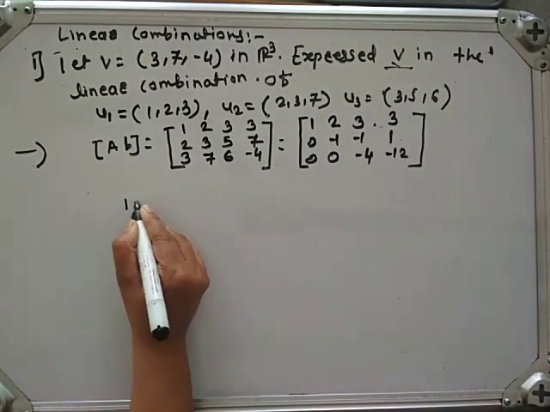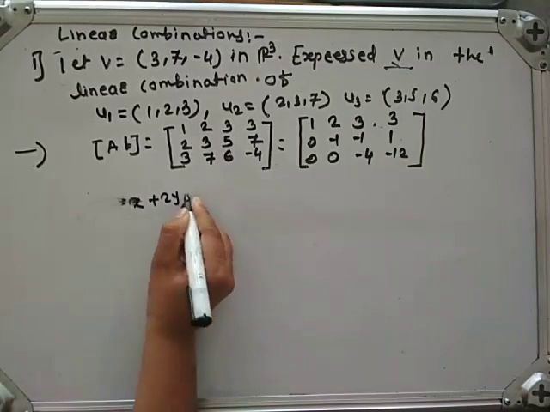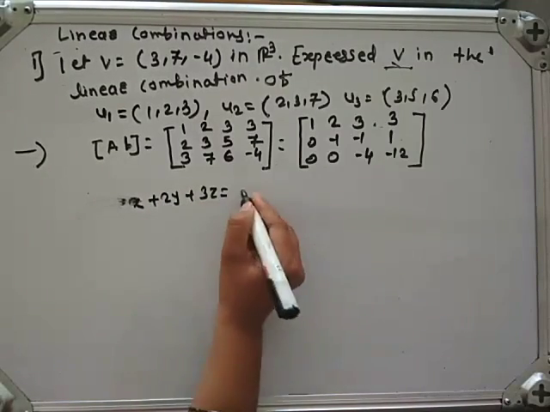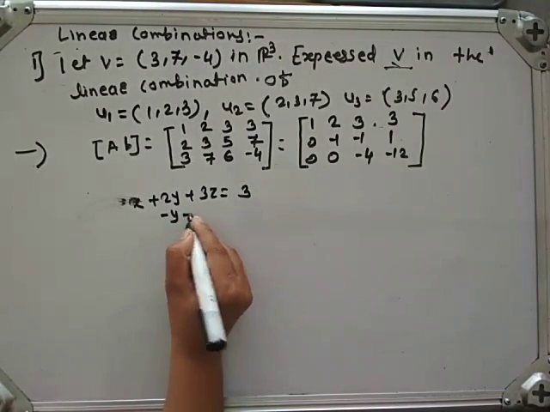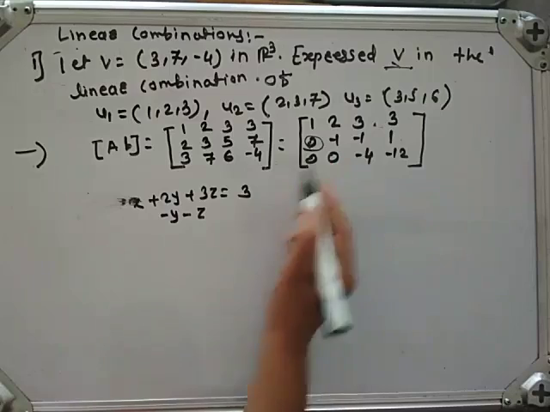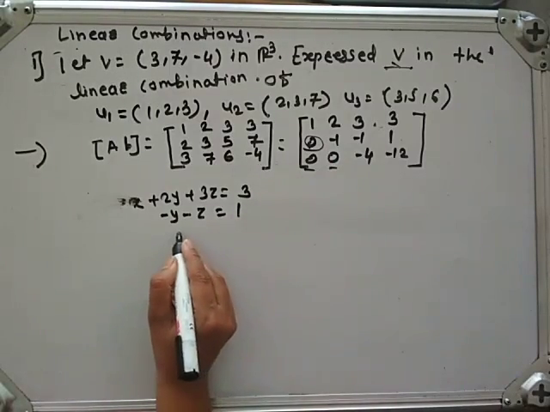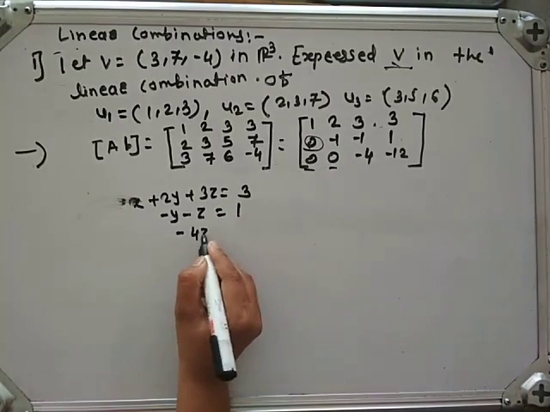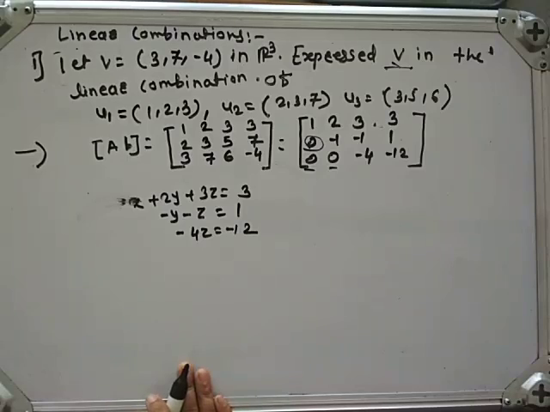We get x plus 2y plus 3z is equal to 3, and minus y minus z, because here the coefficient of x is 0, is equal to 1, and minus 4z is equal to minus 12.